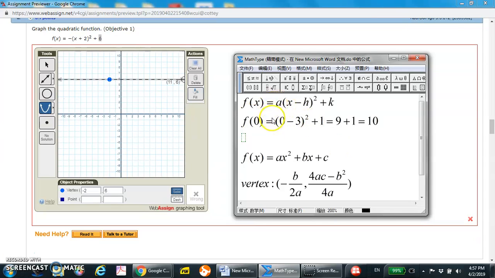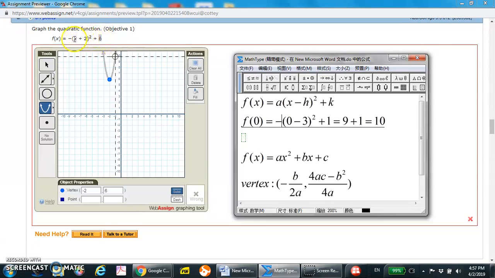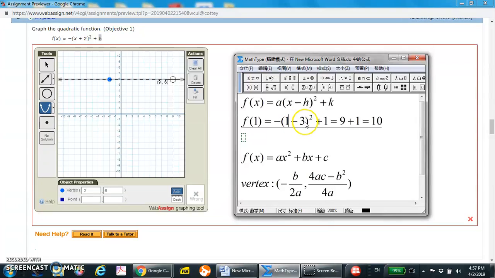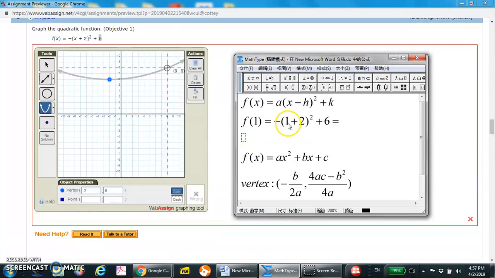This time my equation is negative x plus 2 squared plus 6. Let me see what if I choose 1. Can I choose 1 as x? Now if I choose 1 as x, over here I will have 1 plus 2, so that's 3. Now 3 squared is 9, so negative 9 plus 6. The result is negative 3.